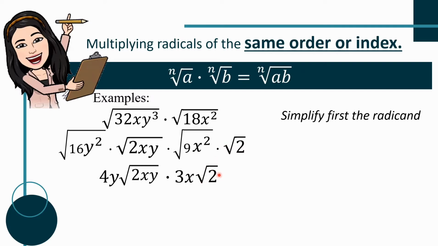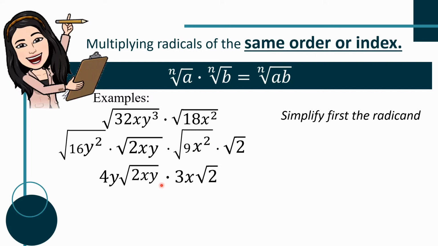Okay, so after this, we now have only two terms. So, we just need to apply the multiplication of radicals, with the same indices. The indices are the same, and we have already simplified the radicals.